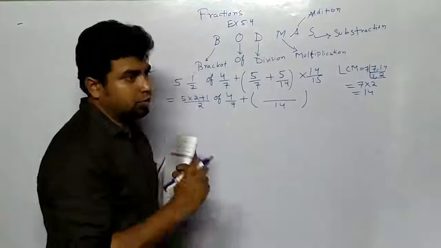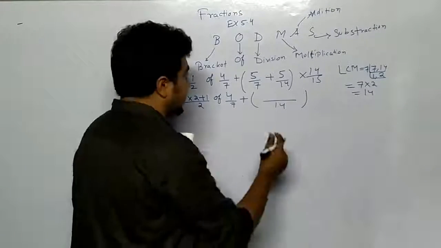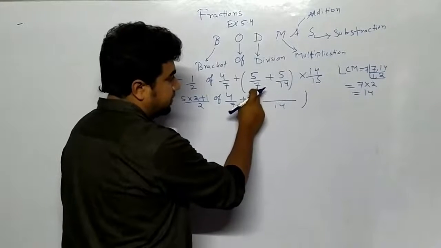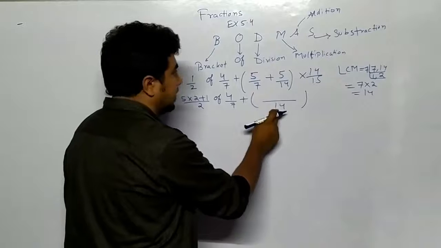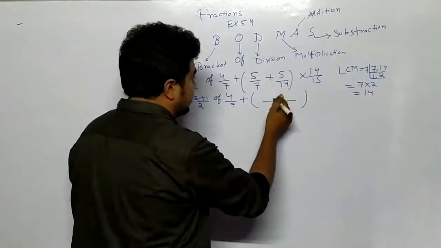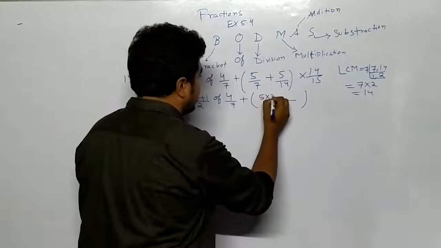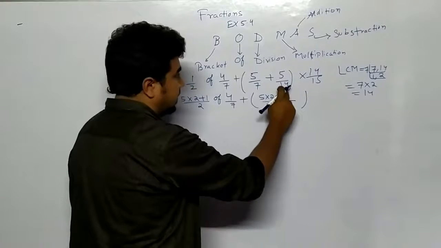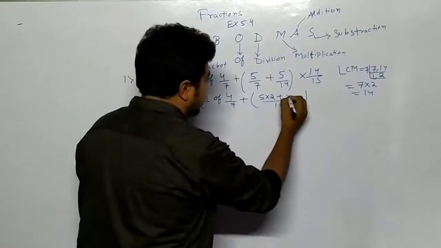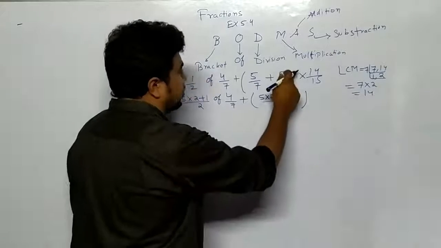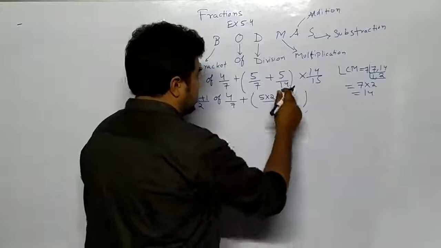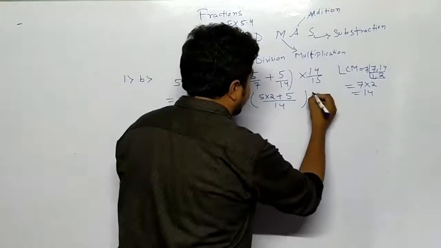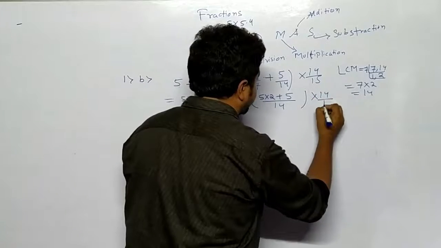Now, as I told you how to do addition, see 7 is present here. What will you multiply to make it 14? 7 into 2 is 14, so you have to multiply the numerator with 2: 5 into 2. Then 14 multiplied with 1 is always 14, so you write 5 into 1, because it is already 14, nothing you have to multiply. And here it is 14 by 15.